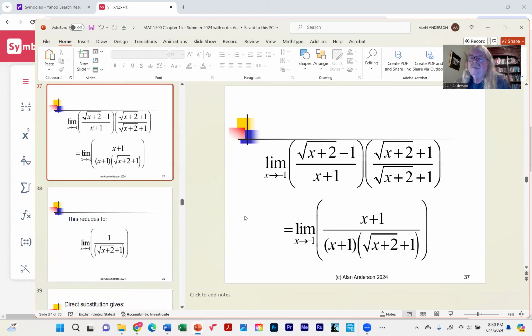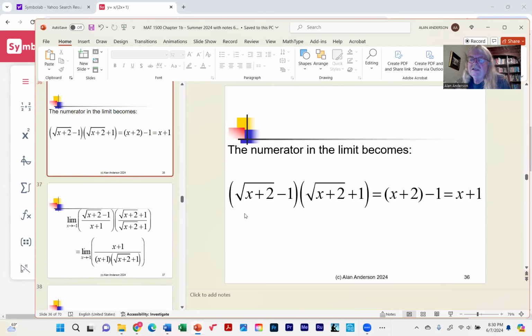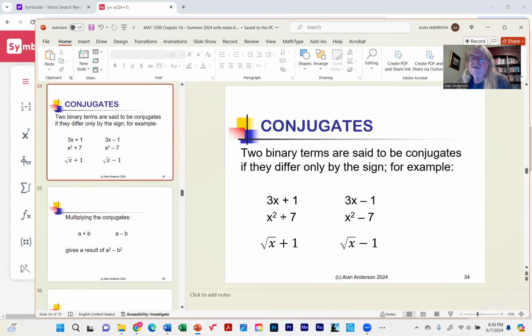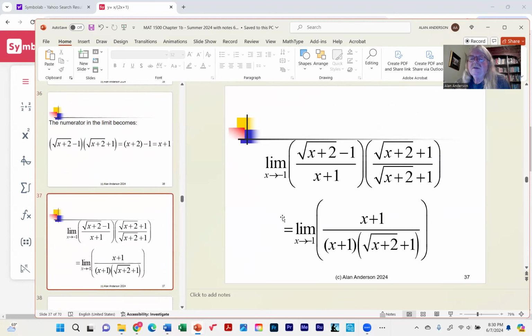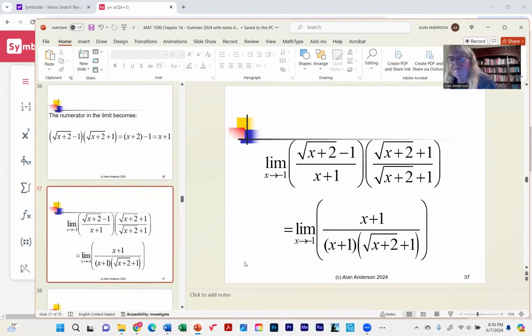Now, here's the beauty of this. You might say, well, it looks like we still have a mess on our hands, but now all of a sudden, look what happens. We can reduce this. So that was the whole point of doing this. We can reduce it to something that does not give us 0/0.